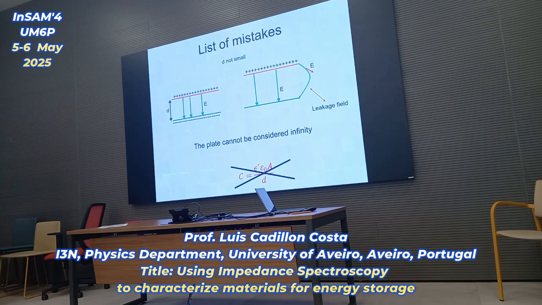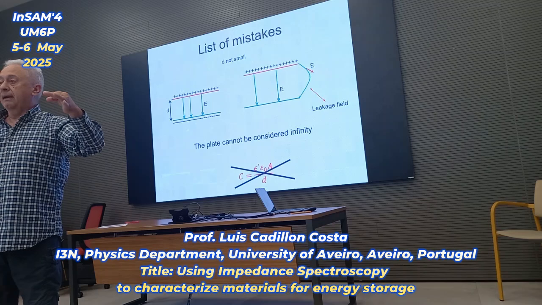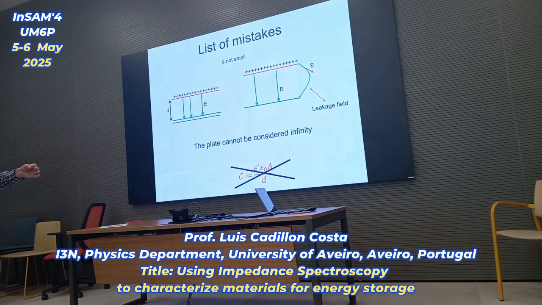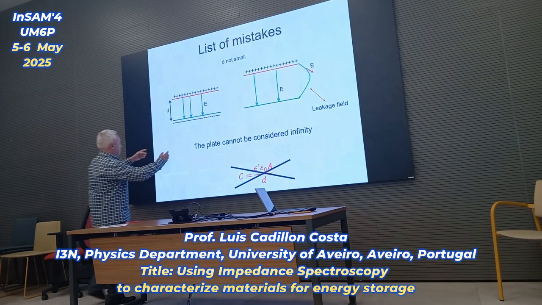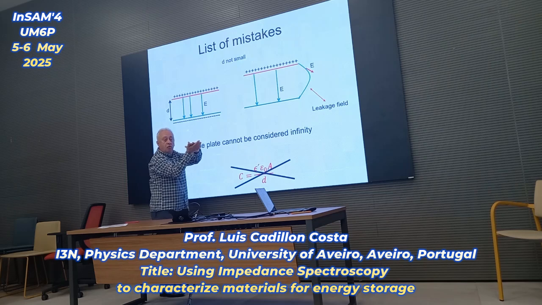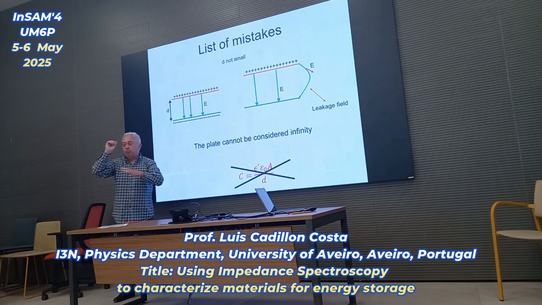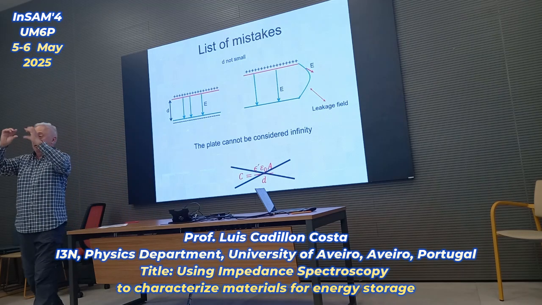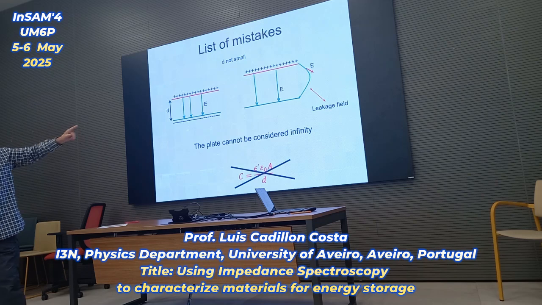So what happened in my case? I had a very small sample. I had here something like 0.5 millimeters. So I decided, okay, I want this very small, I put 0.05, to avoid that.